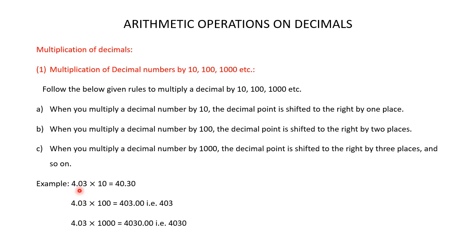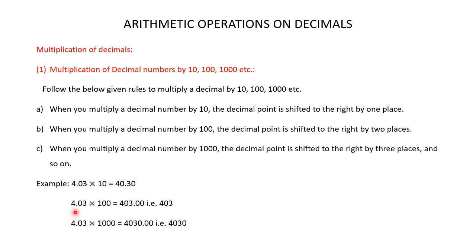For example, when you multiply 4.03 with 10, the decimal point has to shift to the right by one place. So the answer will be 40.30.